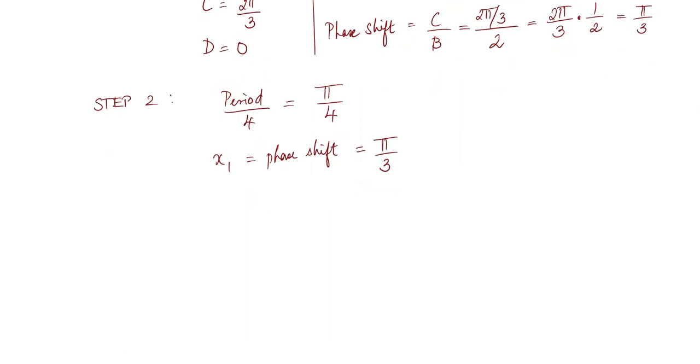We're not starting at the traditional 0 we've had. We're starting at pi over 3. All right, x2 will be this pi over 3 plus the period over 4, which is pi over 4. This requires a little LCD here. So you have 3 and the 4, so the LCD is 12. So adjust your fraction.